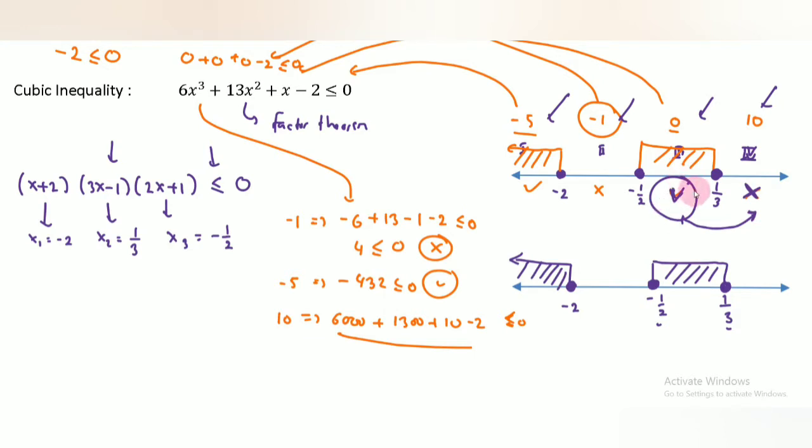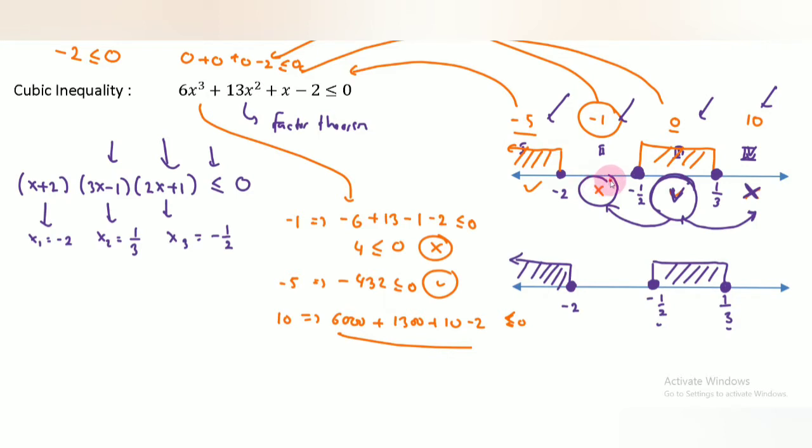So let's go back to the third one. If I'm moving from the third to the left, the second area, I'm passing one factor, this factor, -1/2. Because I'm passing one factor, the sign or the condition will change. Previously, it satisfied. The second one is not satisfying. It won't satisfy the inequality.